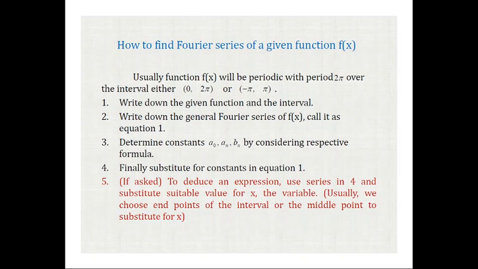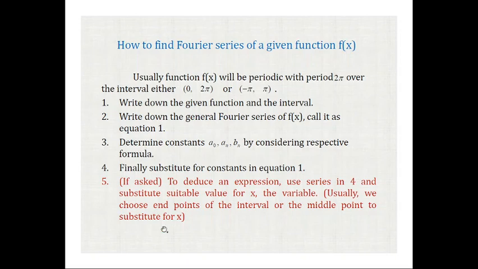Sometimes along with the Fourier series you will be asked to find, or deduce, some series expansions from the given Fourier series. So when you find the Fourier series expansion, by taking some particular value for x, it is possible to derive some standard infinite series expansions.